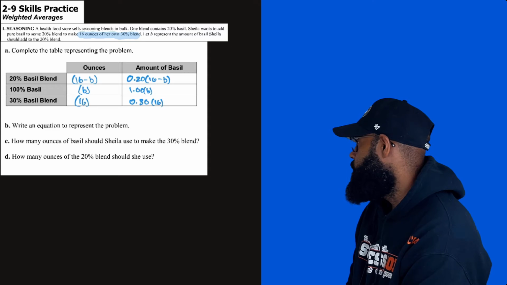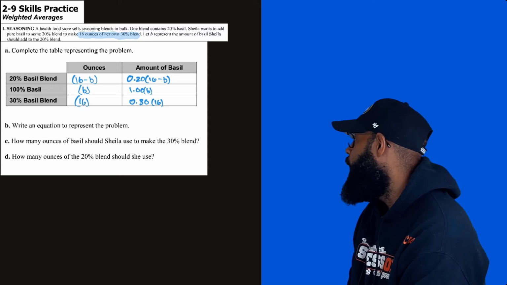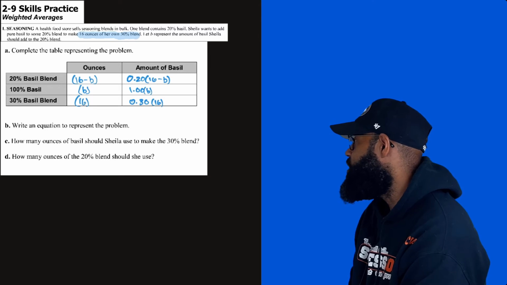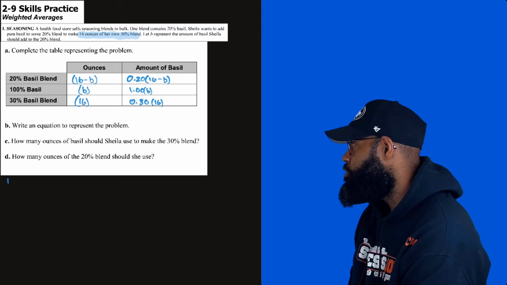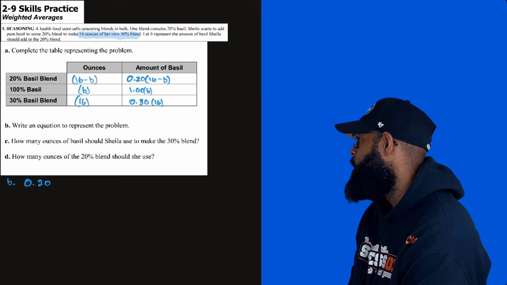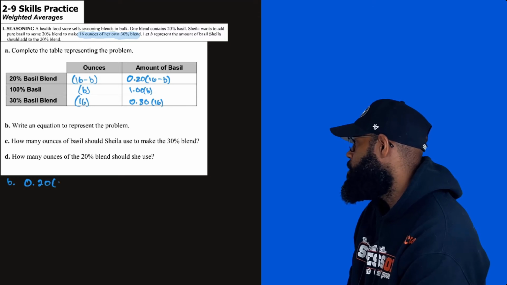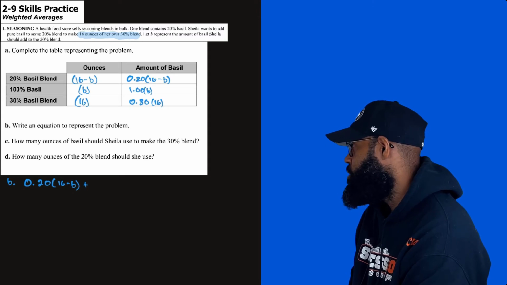Complete the table representing the problem. Write an equation to represent the problem. So the equation has to have an equal sign. And remember what I was saying earlier about make sure you get what's going on. And what's going on is she has 1 ingredient and she's going to add a second ingredient. See, I said add, there's addition.